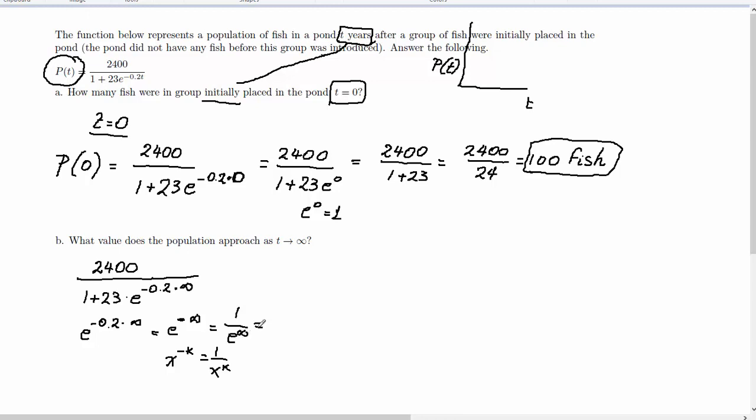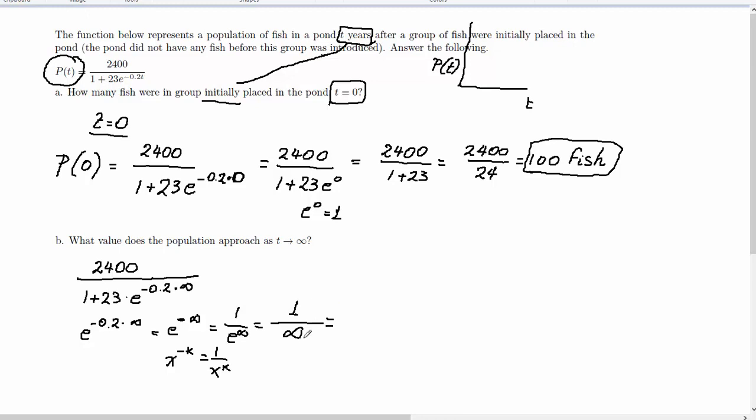Well, think about this. What is 1 over e to the infinity? Well, what is e to the infinity? E is the number 2.71. If you raise this number to a huge number, the number that you have at the denominator is going to be another huge number. So can I replace it with the infinity symbol? Yes, I can. Okay, and what do I have?